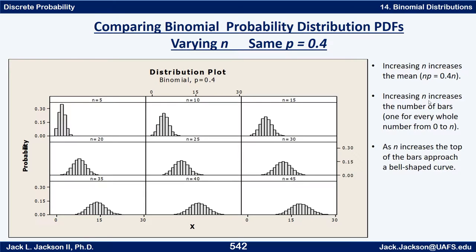But also what happens is increasing n increases the number of bars. So here there are only bars from 0 to 5: 0, 1, 2, 3, 4, 5. So there's 6 bars there. Here we have 11 bars, 16 here, 21 here, 26 here, 31 here. The number of bars is increasing.